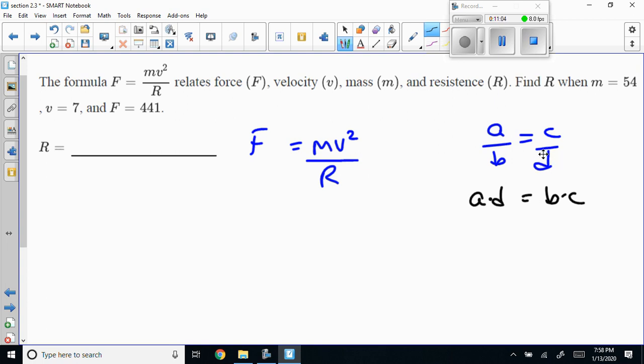Okay. So mathematically, if I were to multiply both sides by R, and then divide both sides by F, this cancels, and guess what cancels? Correct? Now, I want you to look at this, because this is an algebraic technique. I'm going to move this up. I'm going to go.